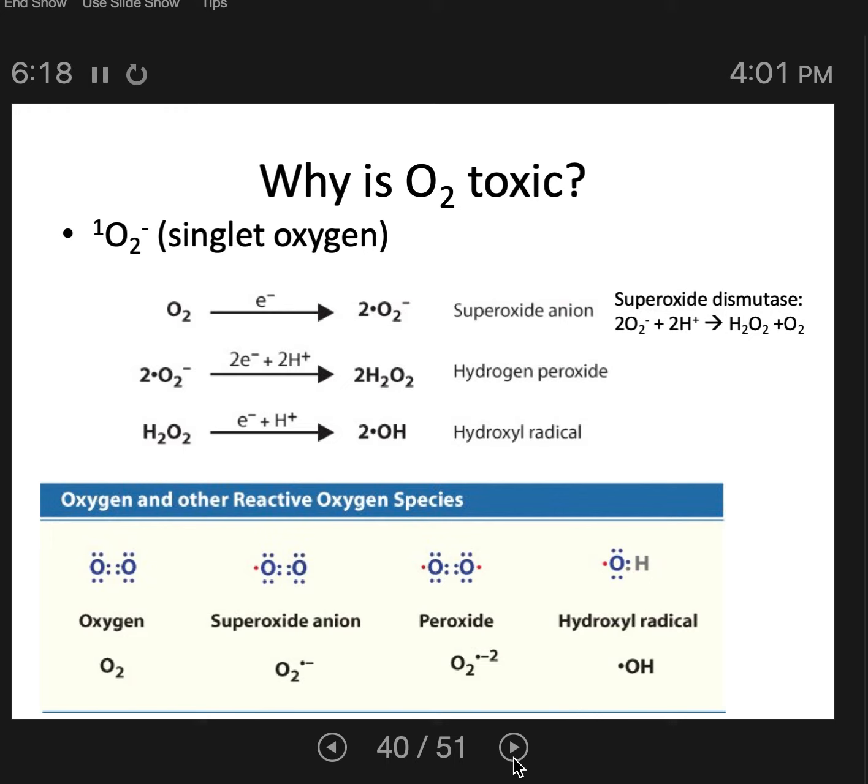So I do want you to know the names of these enzymes that aerobic organisms use, like you, to neutralize reactive oxygen species. First, there's superoxide dismutase. You don't need to memorize the chemical reaction that it conducts. You do need to memorize the name of the enzyme.